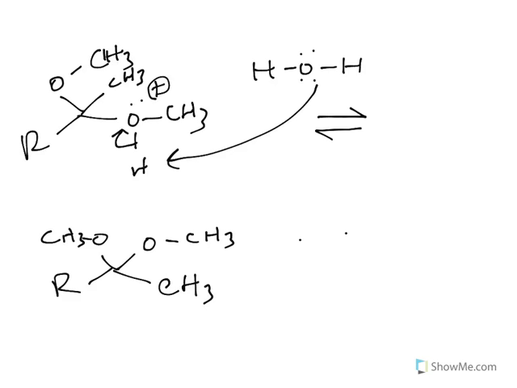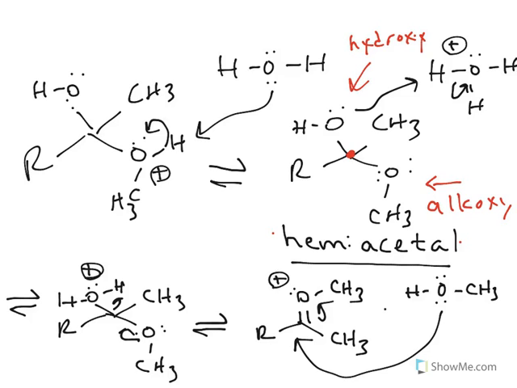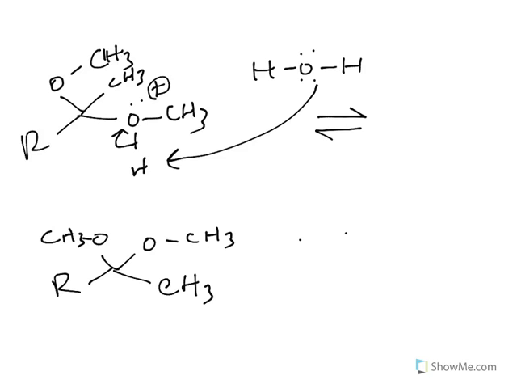All right, so if we go back to here, this guy was called a hemiacetal. And the way you recognize the hemiacetal is the alkoxy group and the hydroxy group. This guy has both oxygens in what we call the alkoxy form.